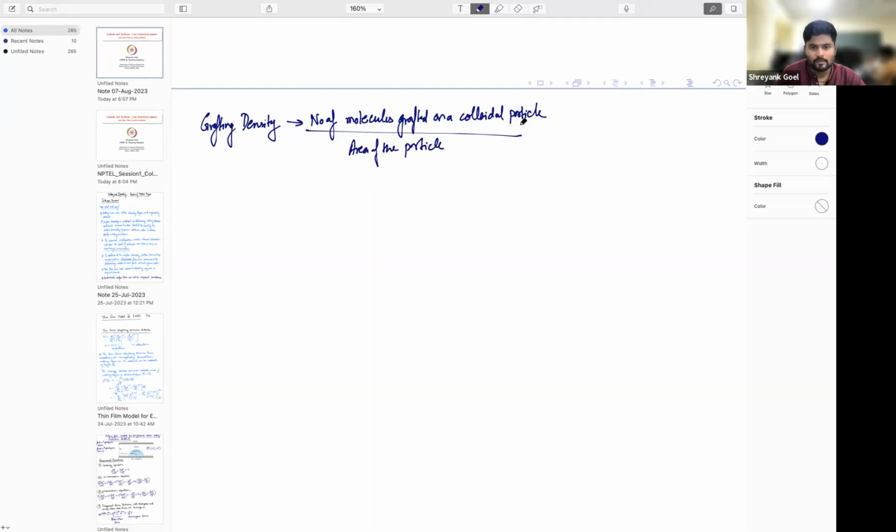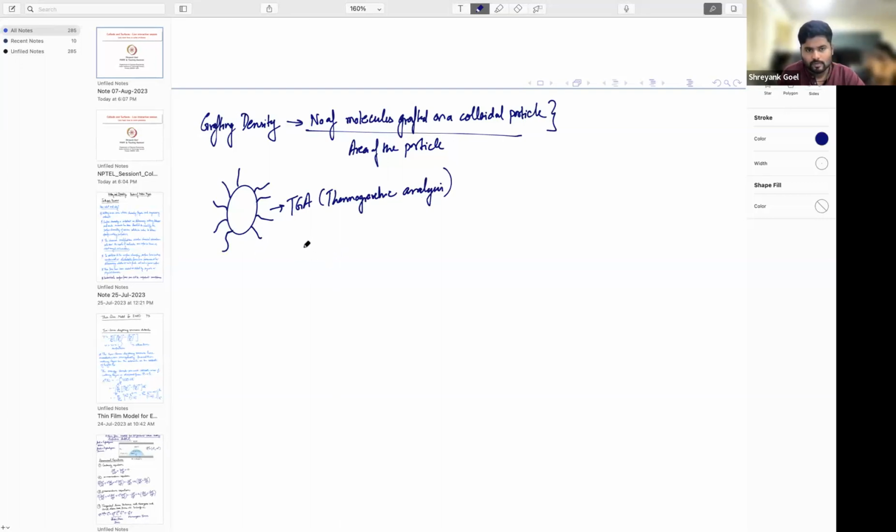So basically, this has to be found out. When we have a colloidal particle, there are some grafting molecules. What we usually do is TGA, as was also discussed in the lecture, that is thermogravimetric analysis, and find out the weight of the grafting molecules.